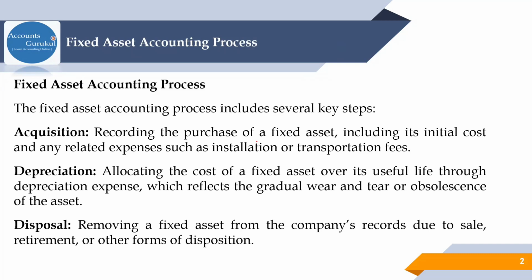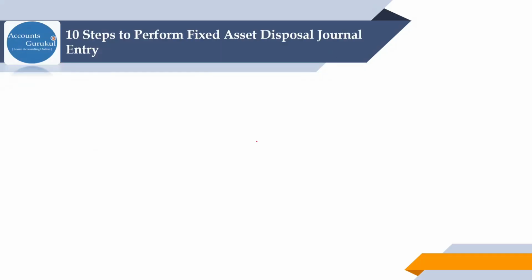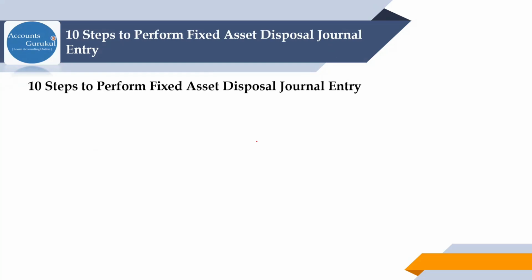If you are going to do a sale, if you want to scrap that asset, or if that asset is accidentally damaged, based on the reason, we are going to do the disposal of that. Now, if that's the scenario, then which 10 steps do you have to perform for a fixed asset disposal journal entry? That's what we are going to discuss here.